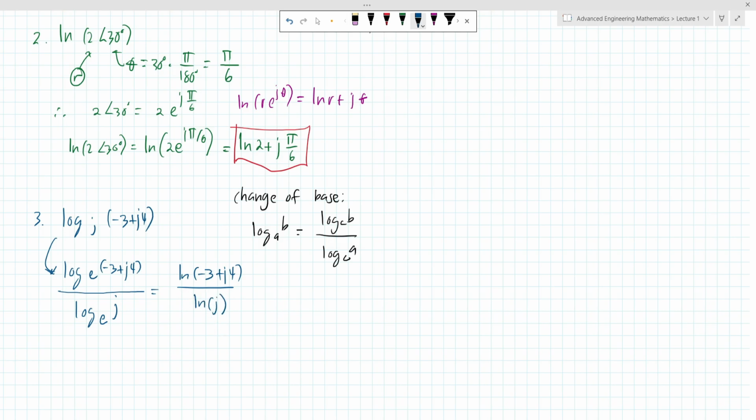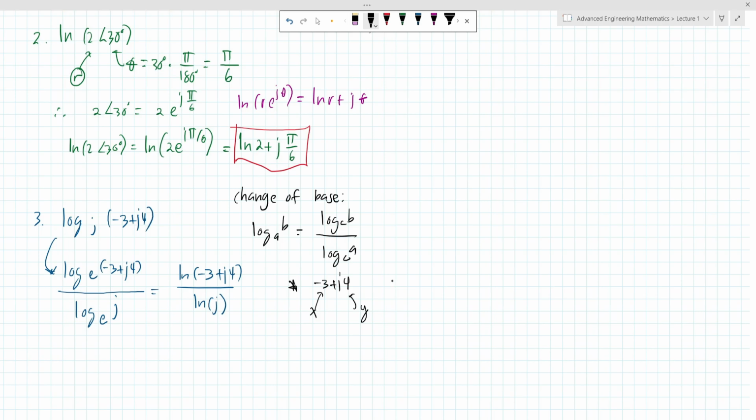The next step is to convert the complex numbers negative 3 plus j4 and j into their equivalent exponential form. Let's start with negative 3 plus j4. Our x is negative 3 and our y is 4.